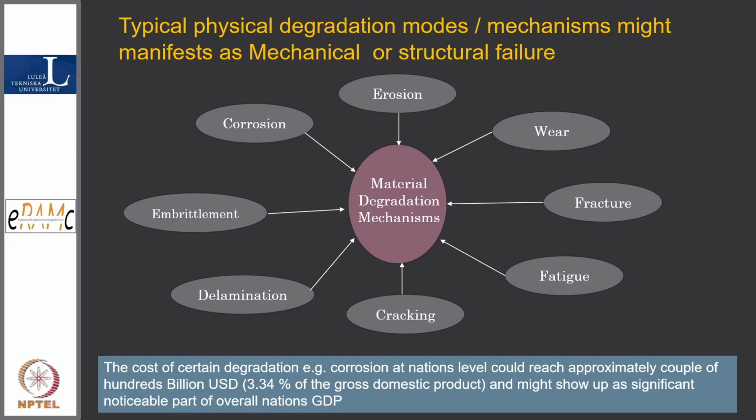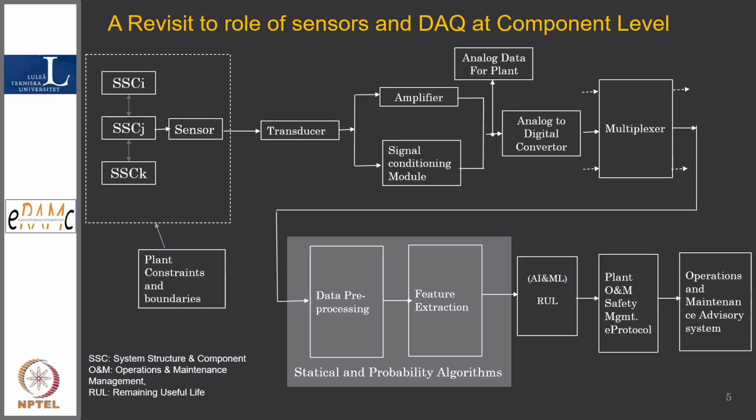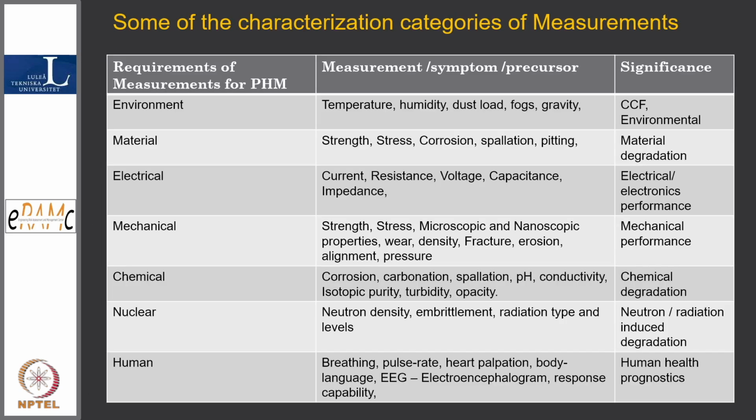Okay. So now we go to the next key, how we can take things further. Let's say we have the environment, and what measurements, symptoms or precursors are to be monitored, and what is the significance, and what is the requirement for PHM? PHM requires monitoring the environment other than the degradation specifically.